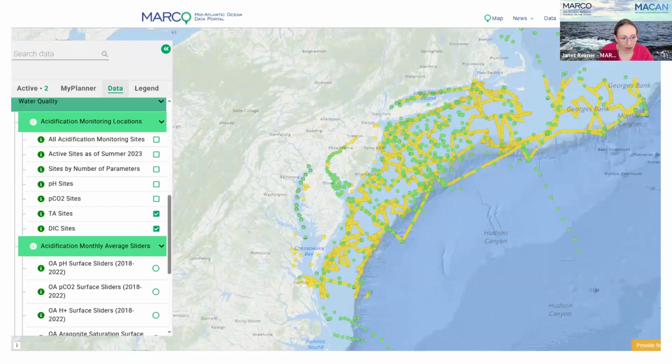This is an example of total alkalinity and dissolved inorganic carbon sites. The total alkalinity is the yellow and the dissolved inorganic carbon is the green. Again, these can be from one cruise or multiple cruises. This is just an example of the maps that show you where, but not when.